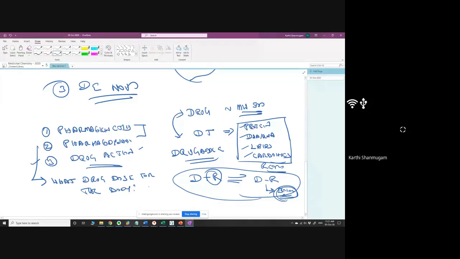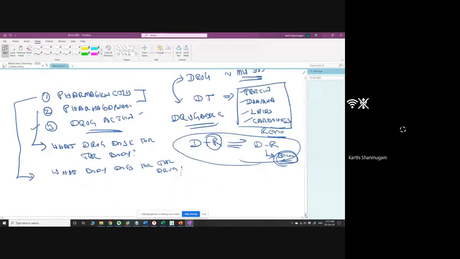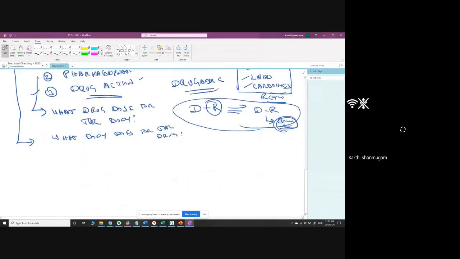So what is pharmacokinetics? Just the opposite of this: what the body does for the drug molecule is what is called pharmacokinetics. The second unit, as I said, is completely meant for pharmacokinetics. We start with the fundamental definitions of absorption, distribution, metabolism, and excretion, because these are the four important properties studied under pharmacokinetics.